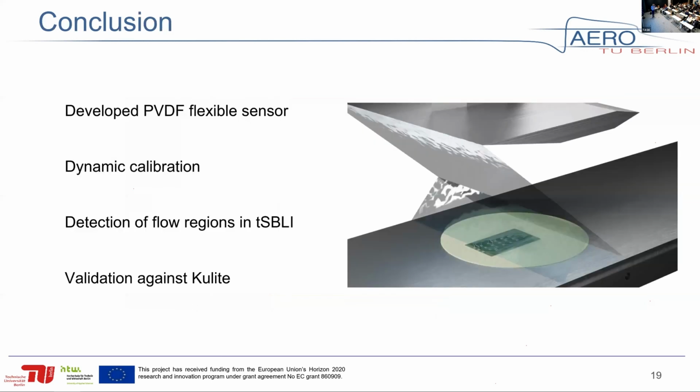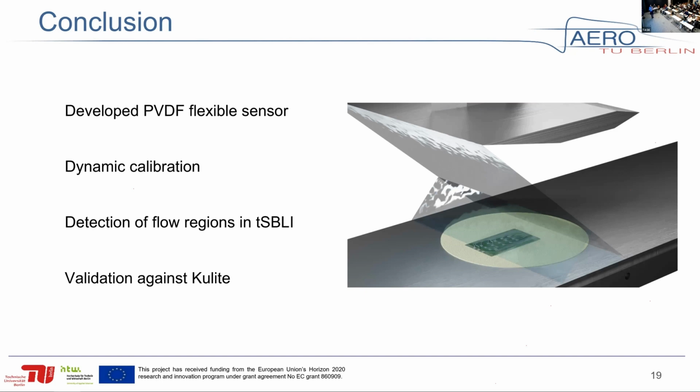And so to conclude this talk, we developed a flexible PVDF-based sensor. We have calibrated it dynamically with a Kundt tube, but we need to implement a temperature compensation system, which we are already doing. We have successfully detected different flow regions of the turbulent SBLI, and we validated the dynamic response against the Kulite.